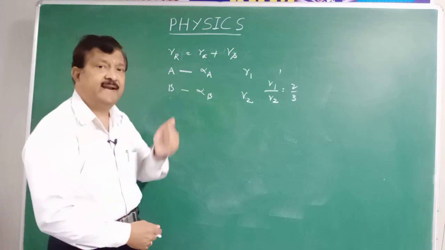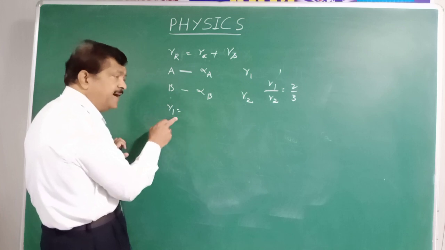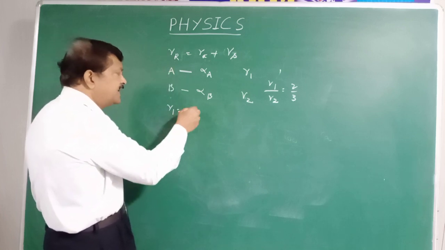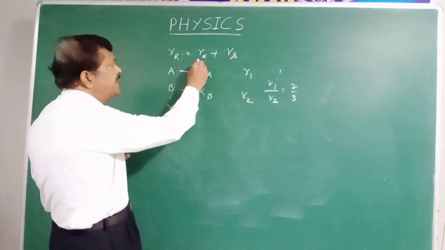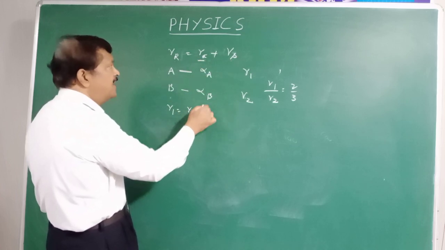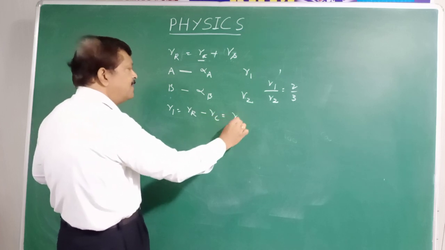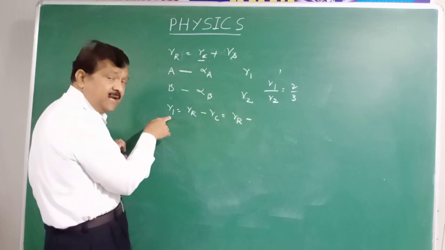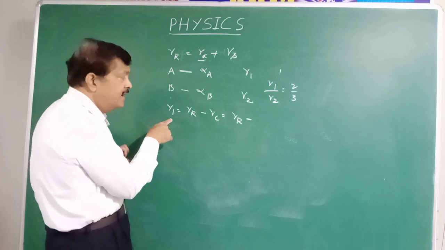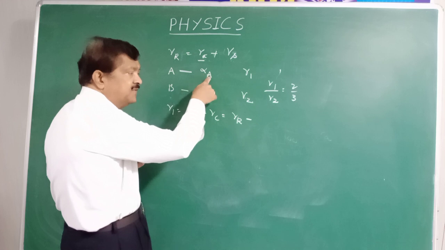What does this equation indicate? Gamma 1 is the coefficient of apparent expansion in the first container. So we can write it as gamma R minus gamma of the container. Because we are talking about the first container A, gamma of the container is nothing but 3 alpha A, where alpha A is the coefficient of linear expansion.